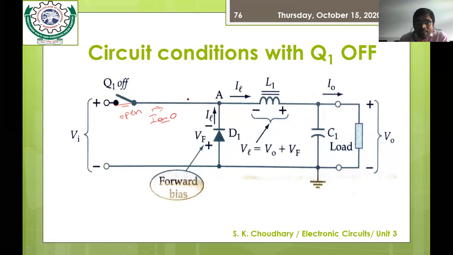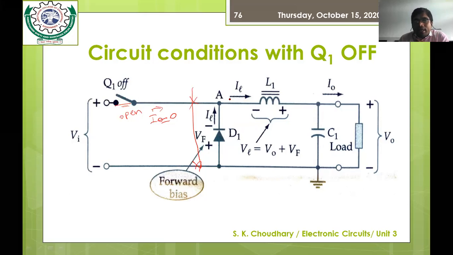So now this is not in the picture. This would be out of the picture, because this is an open switch, so no current would be conducted across it. As Q1 is switched off and the inductor has stored charges, it would oppose any change in the current level across the inductor.